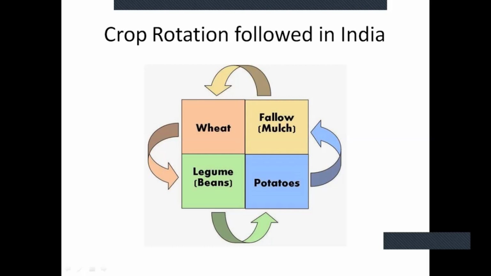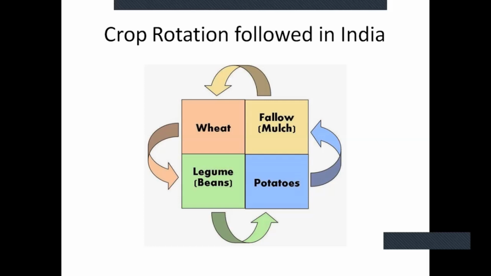Then a plant like potatoes, vegetables like potatoes, can be grown. And then for one season the field is left fallow, which means nothing is grown in the field. The farmer will keep the field empty for some time, one season we can say.